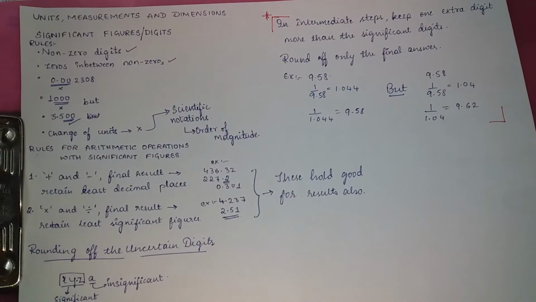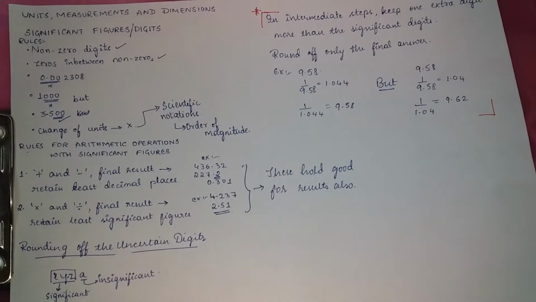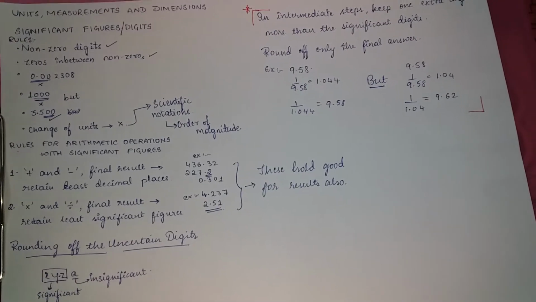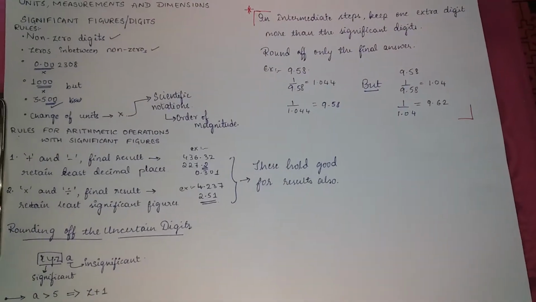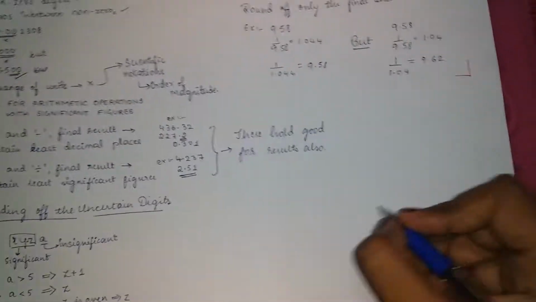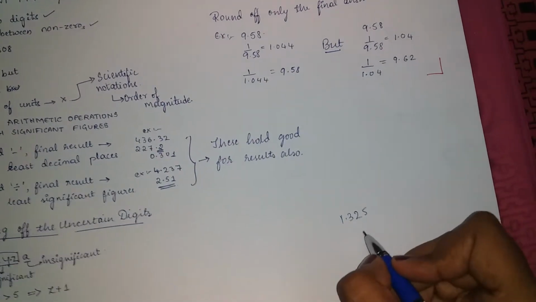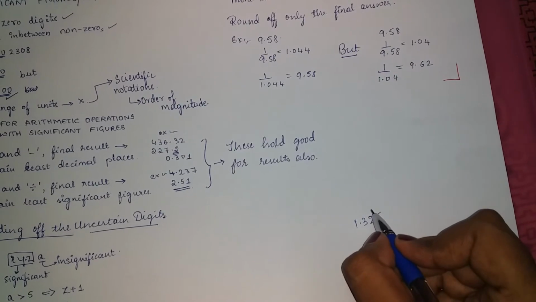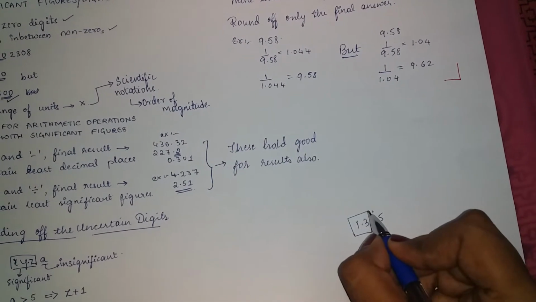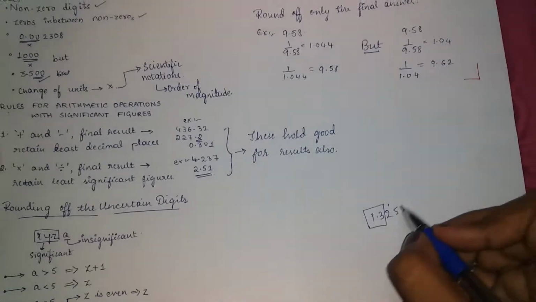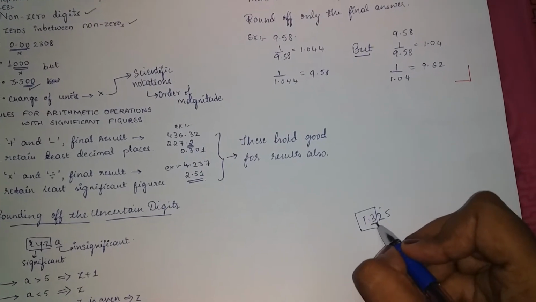So according to this, there can be many uncertain digits. The number can be 1.325, etc. Here you're considering only this much in the case of a meter scale. This is the first uncertain digit.